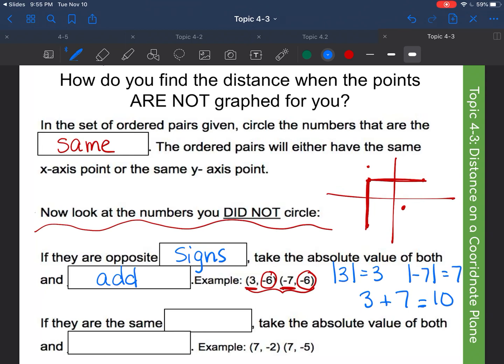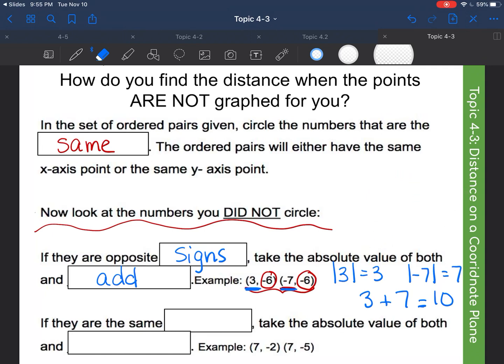So if they are opposite signs, meaning the ones that you did not circle, you're going to take the absolute value of both and add, okay? And the reasoning behind that, let's say if we were actually to graph those points. 3 over, negative 6 down would be around here. Negative 7, negative 6 would be around here.